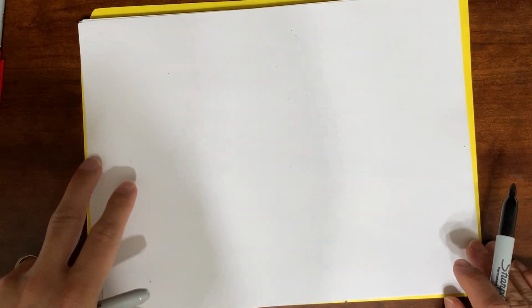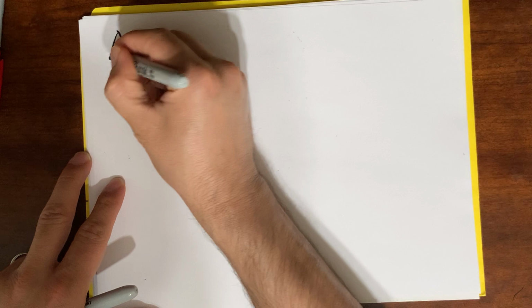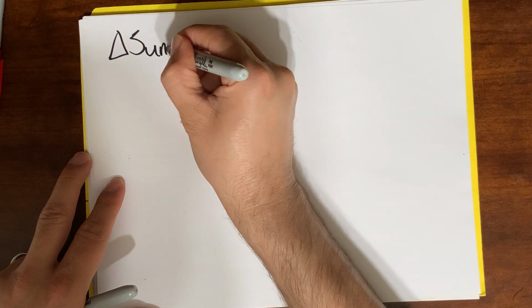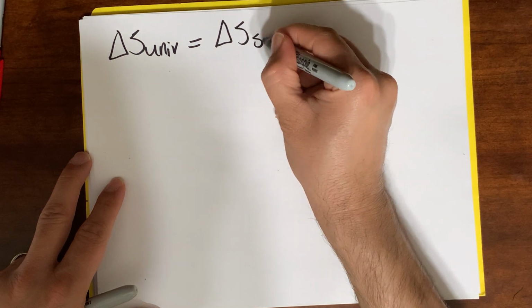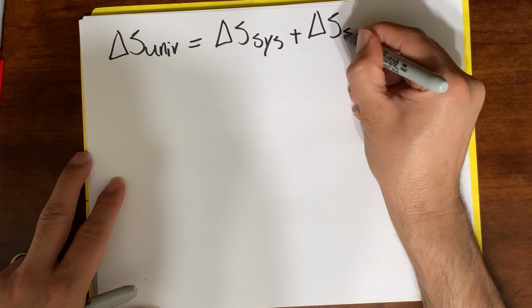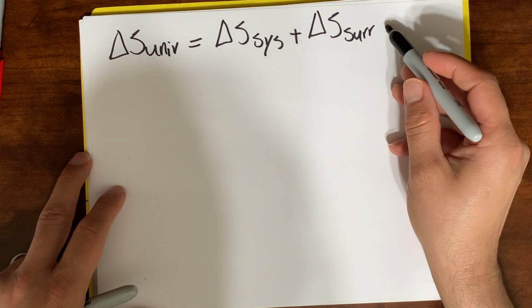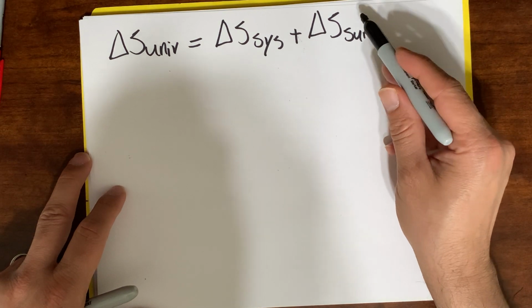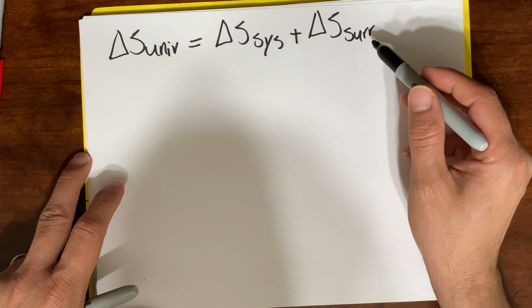Okay. How can I calculate this? If this one is equal to 0, we say reversible. If it's bigger than 0, a positive number, we say irreversible.